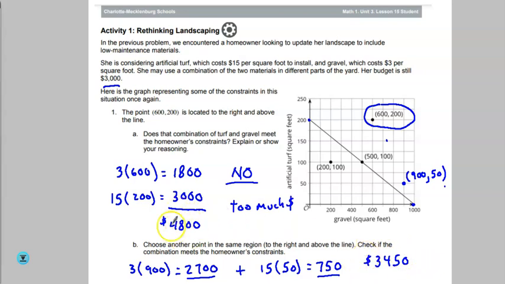And that's much closer, but it's still over. It's still too much. She only has $3,000. So no, that's not going to work either, right? So these two points that are above this line, they're spending too much money.